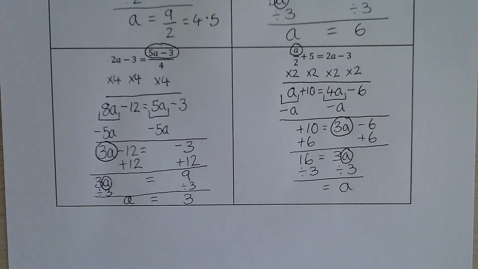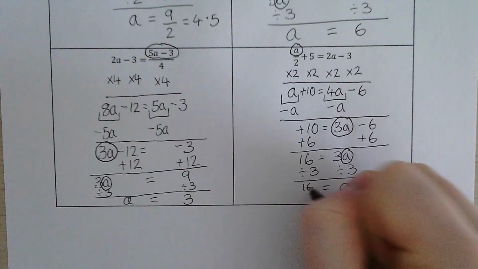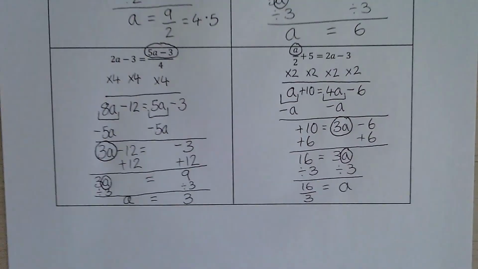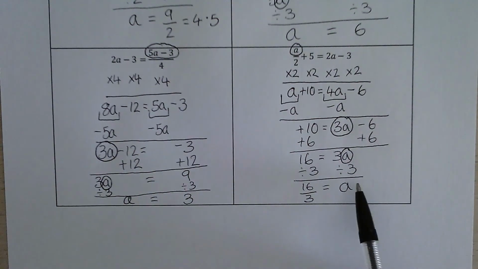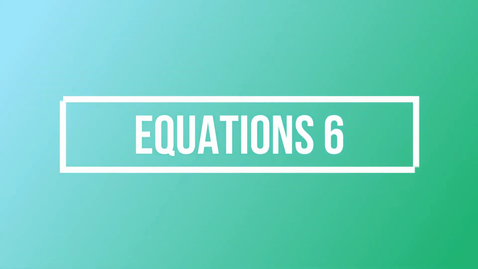So rather than worrying again about a decimal answer, we will leave our answer as 16 over 3. It doesn't matter that a is on the right hand side of the equation. This answer is the same as writing a equals 16 over 3. And that concludes today's lesson on equations.